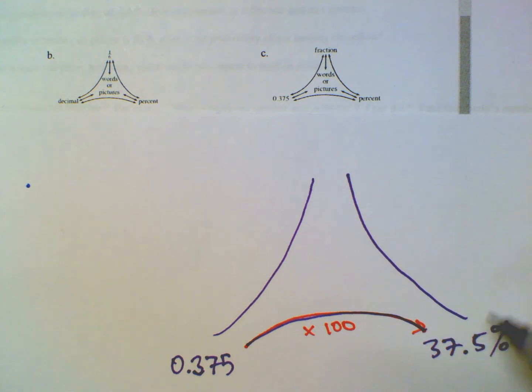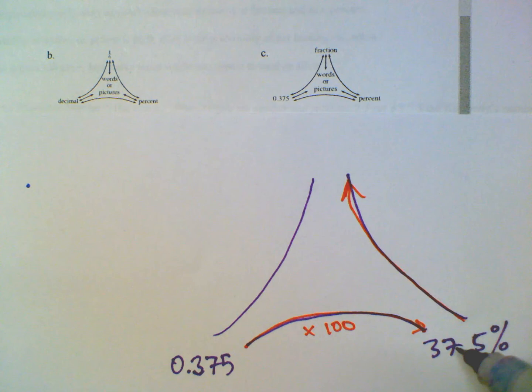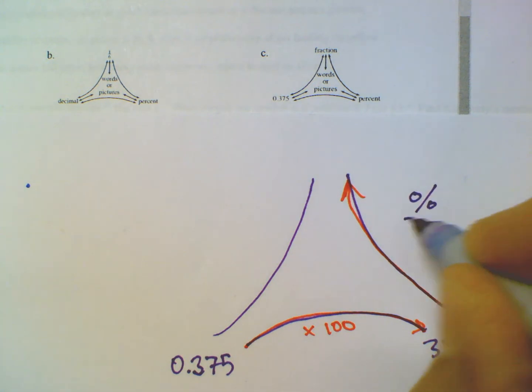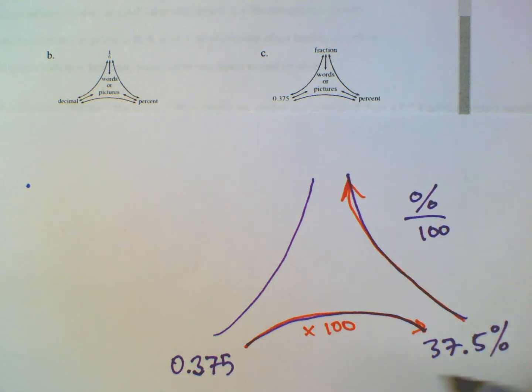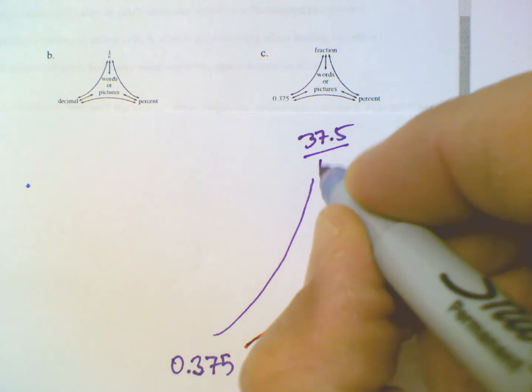Why did I do it that way? Because then if I want to go up to the actual fraction, what do I do? I take the percent and put it over 100, whatever that percent number is. So the percent number is 37.5. So I'm going to say 37.5 over 100.